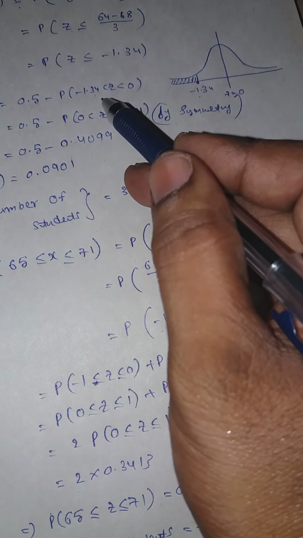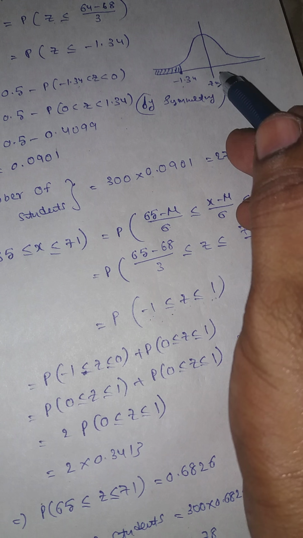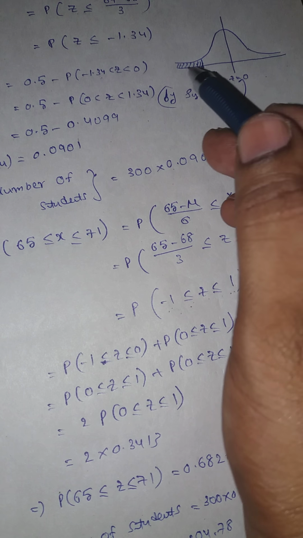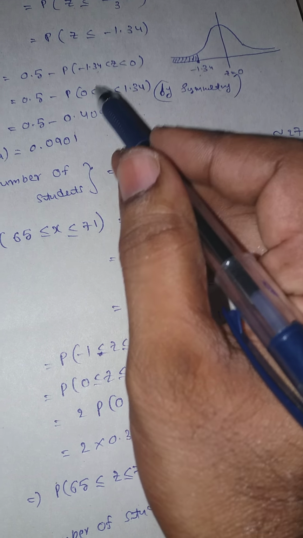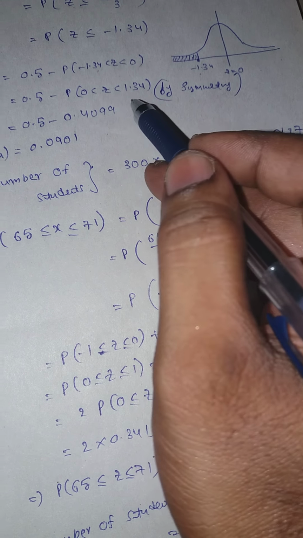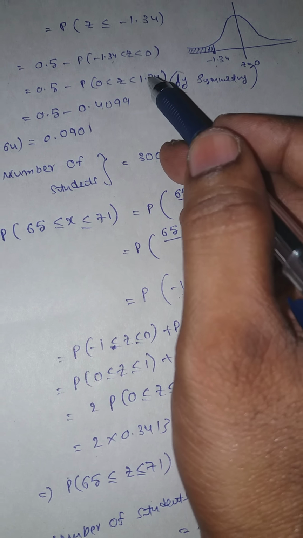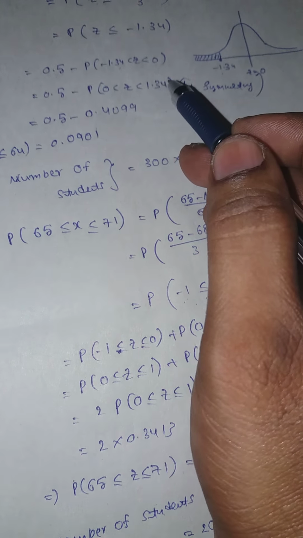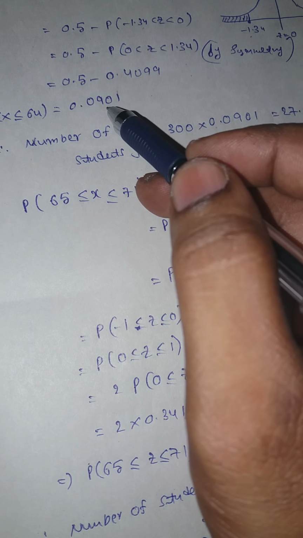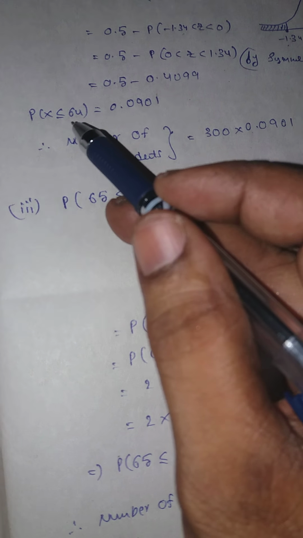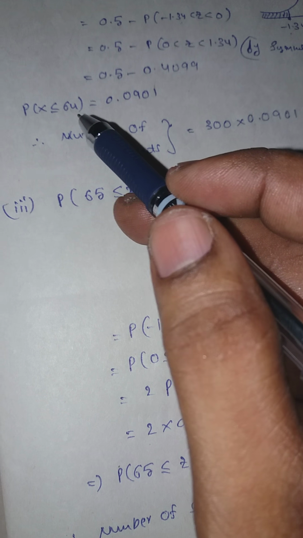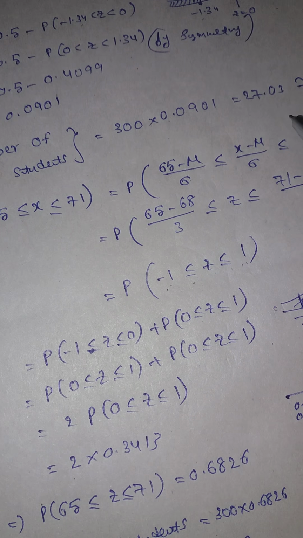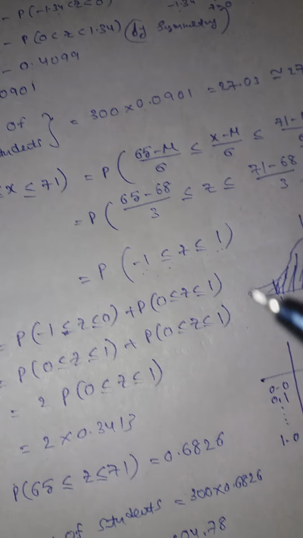Therefore by using symmetry, the area from minus 1.34 to 0 equals the area from 0 to 1.34. Write it as 0 to 1.34, same as the first bit probability, so the answer will be the same. This is the probability, not the number. If you want the number of students with masses less than or equal to 64, multiply with 300. By using this knowledge, complete the third bit.